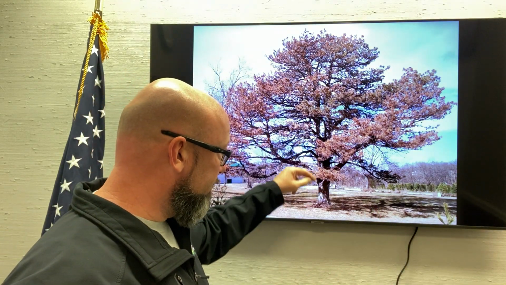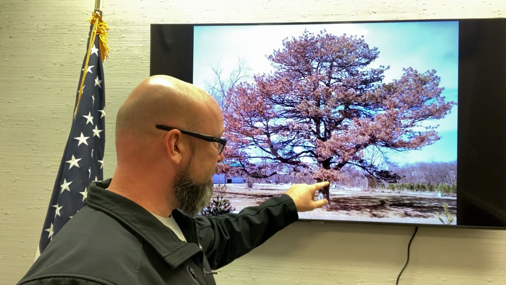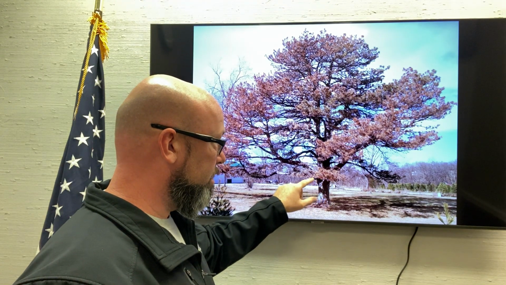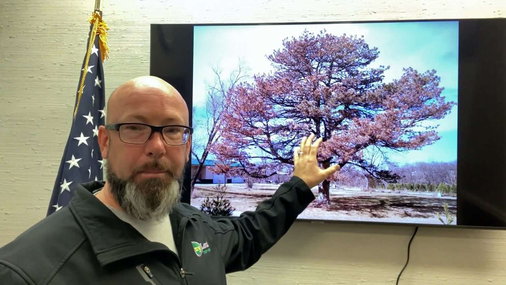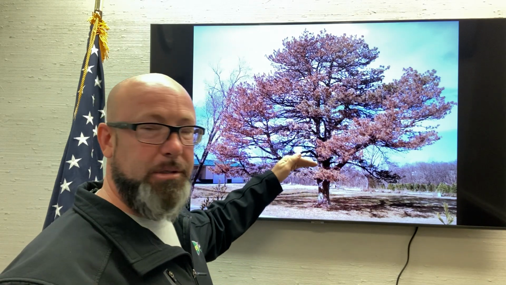These nematodes just go crazy, and they clog the vascular system of the tree, which means they prevent any water from moving throughout the tree. The infestation can be anywhere within the tree, but usually it's towards the bottom. It stops movement.